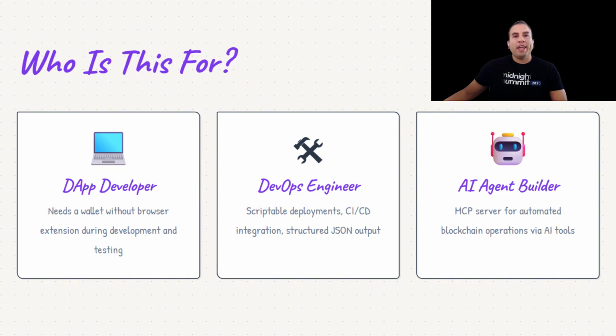If you are a DevOps engineer, the JSON output and scriptability means you can automate wallet operations, build deployment pipelines, run health checks. And if you're building AI agents, this is probably the easiest way to give an AI access to a blockchain. Set up the MCP server, point your agent at it, and it can manage wallets and send transactions on its own.